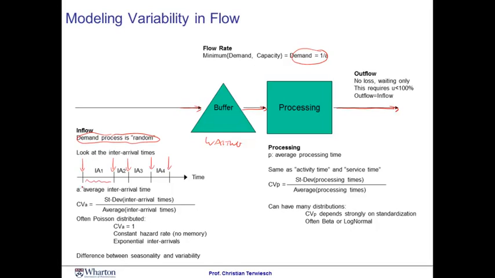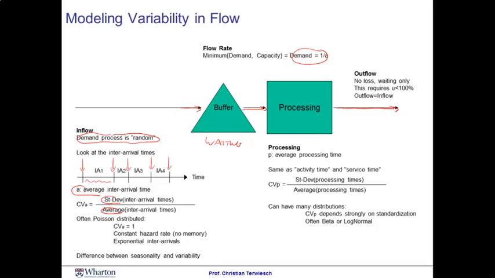We will denote with A the average inter-arrival time. Like any distribution, the inter-arrival time distribution not just has an average, but also a standard deviation. We'll denote by CVA the coefficient of variation of the inter-arrival times, the ratio between the standard deviation and the mean. We know the idea of the coefficient of variation from the module on customer choice and variety.